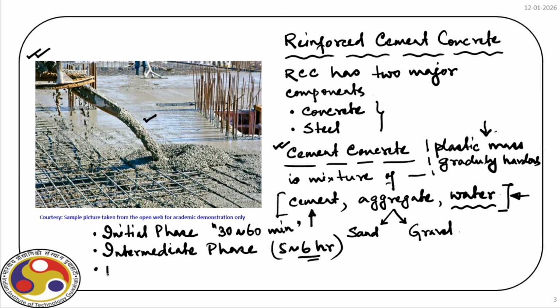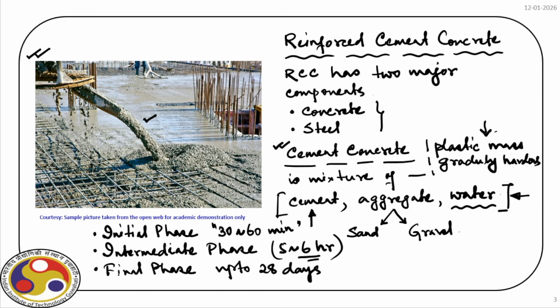Then comes the final phase. And this final phase is up to 28 days. So from the moment we mix cement, aggregate and water, then we pour the concrete within the formwork to give the proper shape. Within the first 5 to 6 hours, there is an initial setting. Then the concrete doesn't flow.